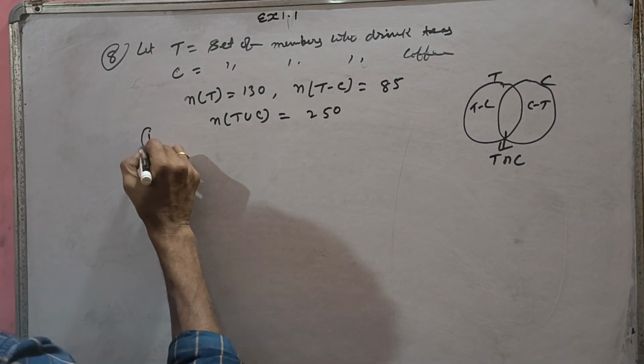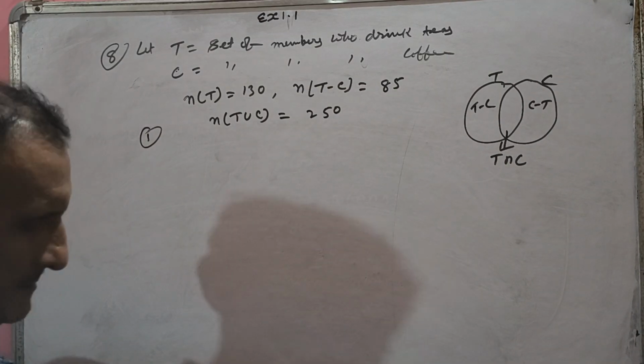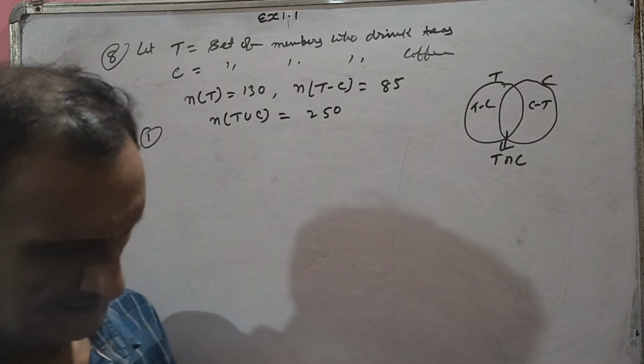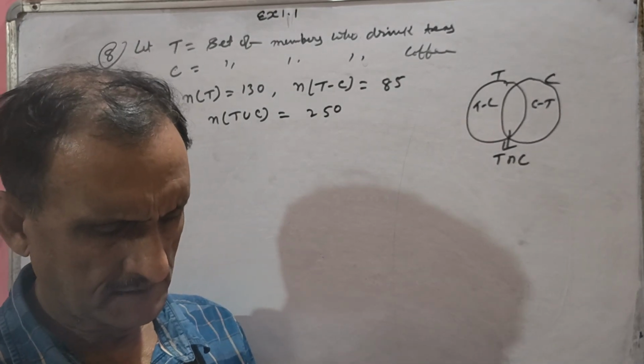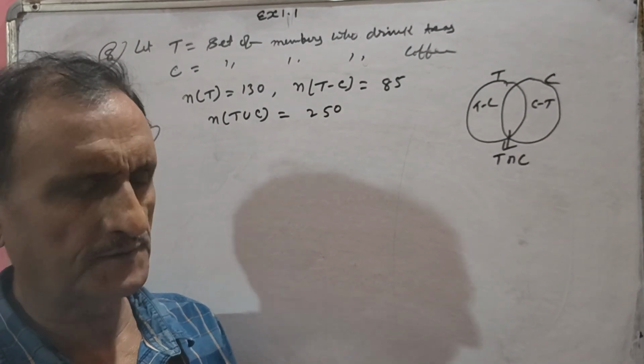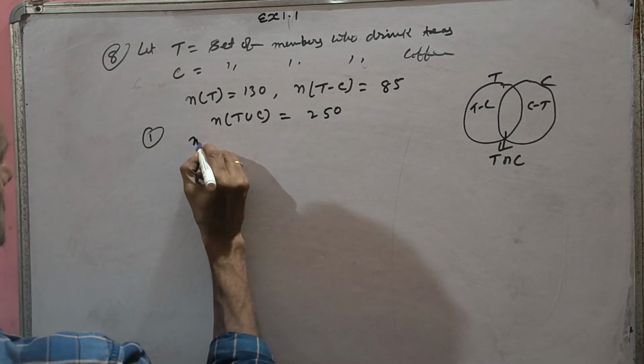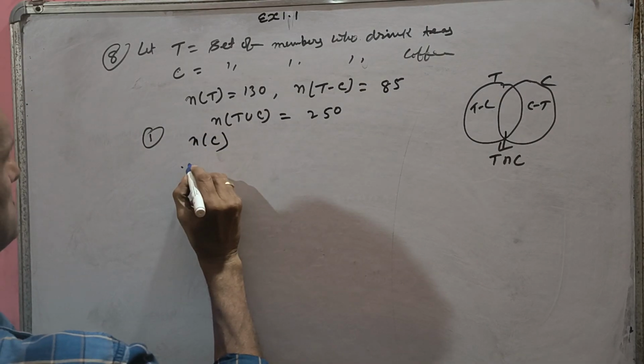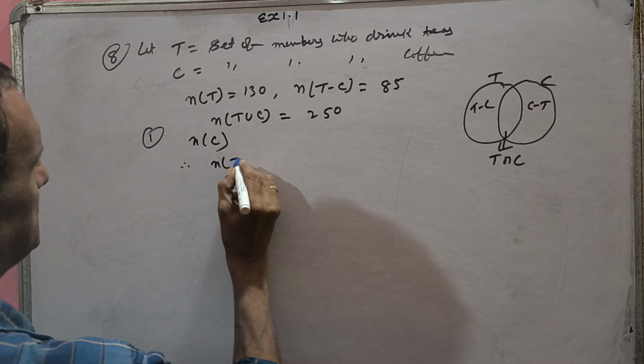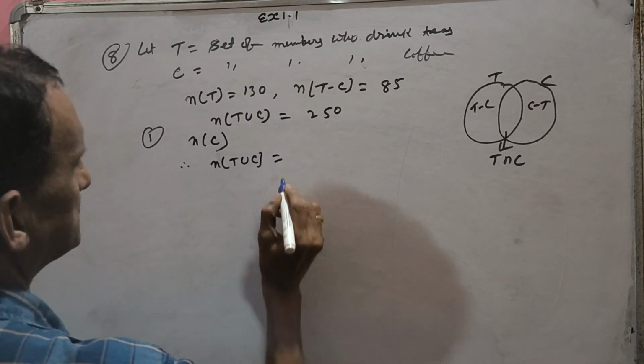In number 1 we have to find how many members drink coffee. N(C) we have to find. So first, what is given? N(T union C) is given.